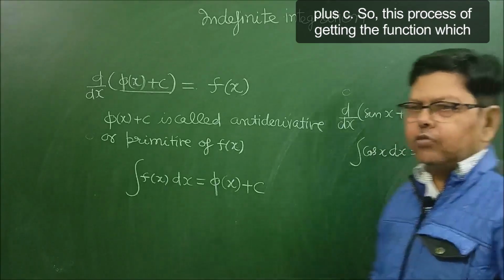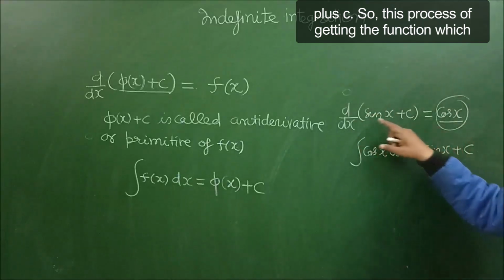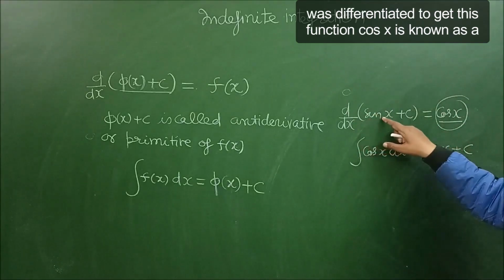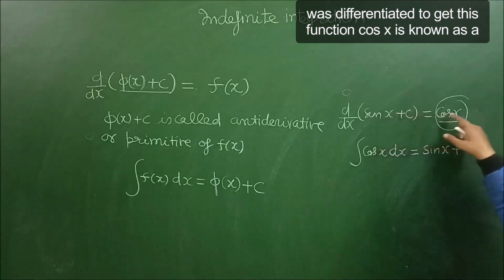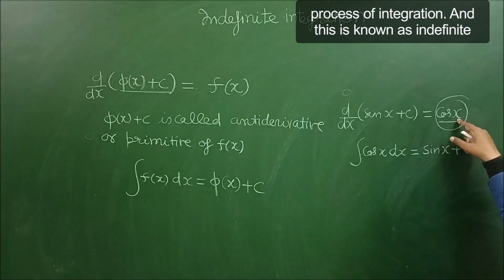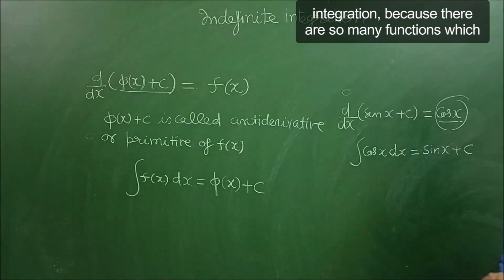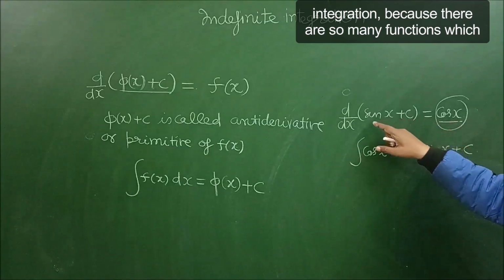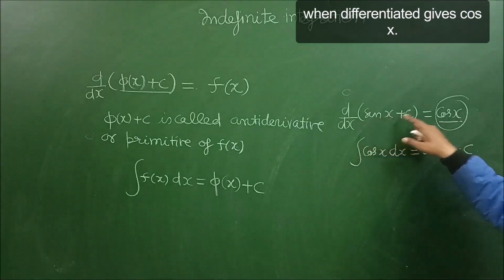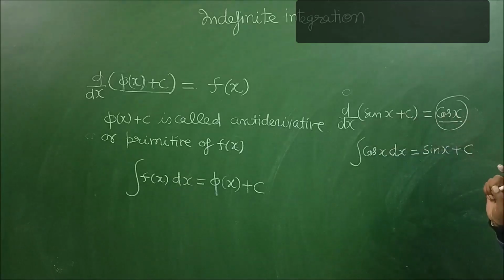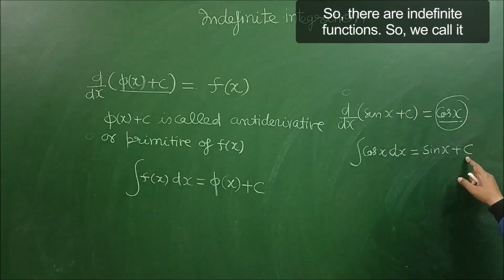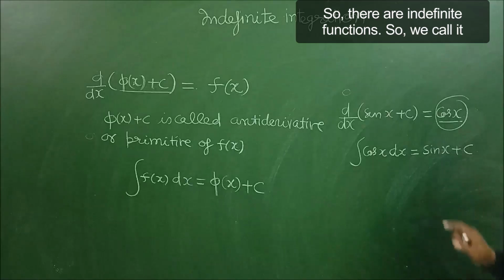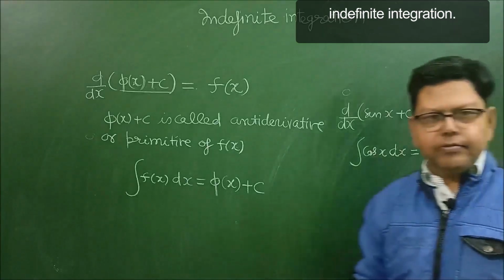So this process of getting the function which was differentiated to get this function cos x is known as the process of integration, and this is known as indefinite integration, because there are so many functions which when differentiated give cos x. So there are indefinite functions, so we call it indefinite integration.